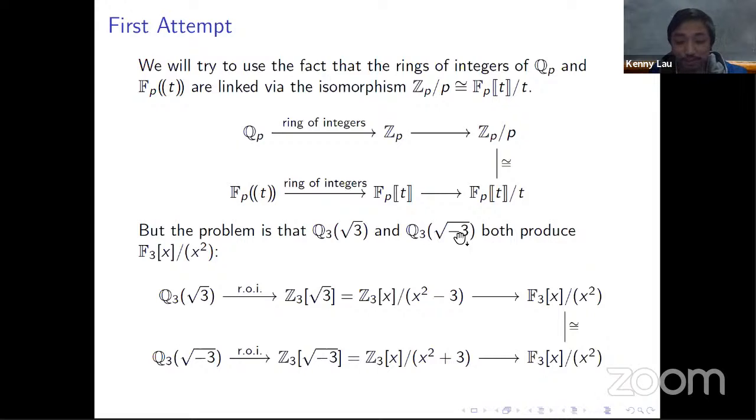So what is our solution to this? Well, in order to eliminate the ramification, we first make a deeply ramified extension, in the mathematical jargon. In other terms, we'll adjoin all the p-power roots of p.